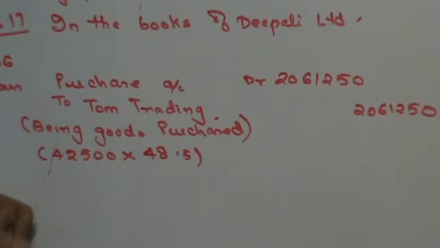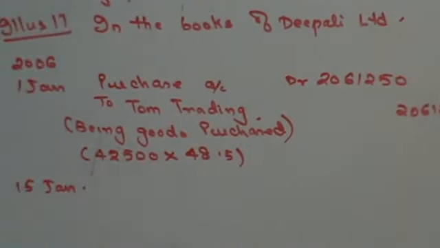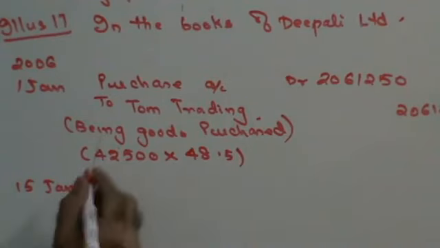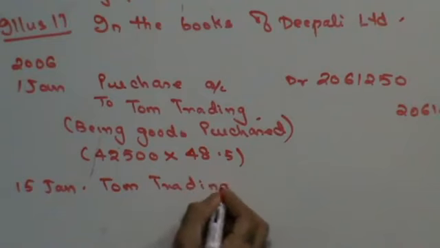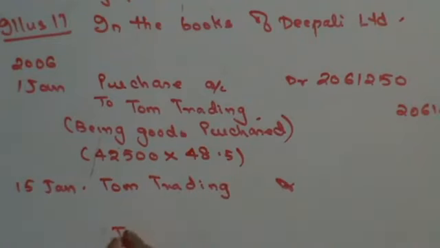On 15th Jan, you are making a payment, debit the receiver, Tom Trading account debit to bank, money is going out. How much are you paying? You're paying $8,000.